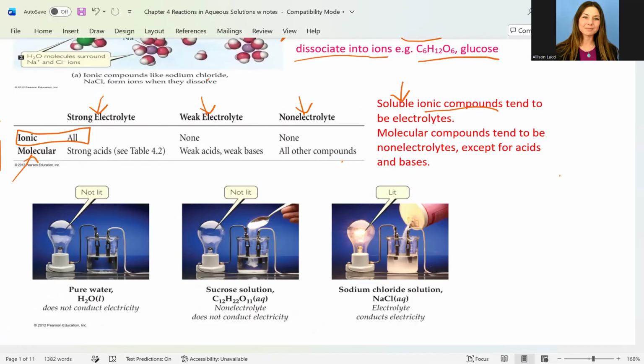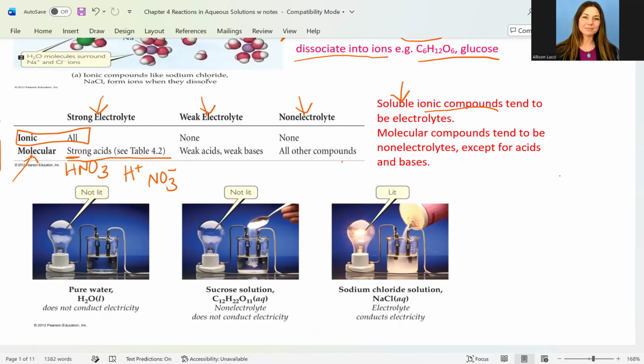So that's all nonmetals bonded together like methanol, glucose, or sucrose. There's strong acids listed. We'll discuss what a strong acid is. They are all molecular compounds. So things like nitric acid, for example, we could see are all nonmetals, elements connected together. But since it's a strong acid, it will ionize. So we are going to see nitrate, polyatomic NO3 ions, and then we'll see hydrogen H plus ions.